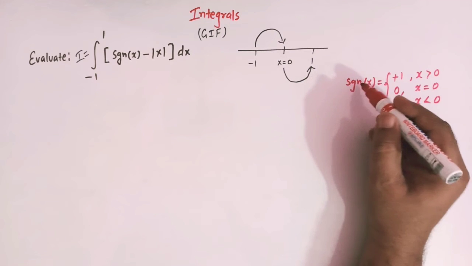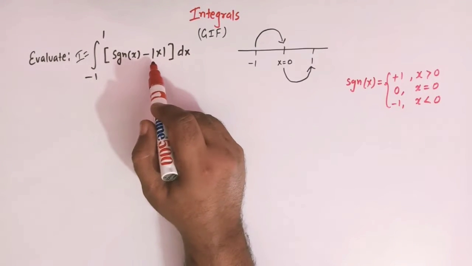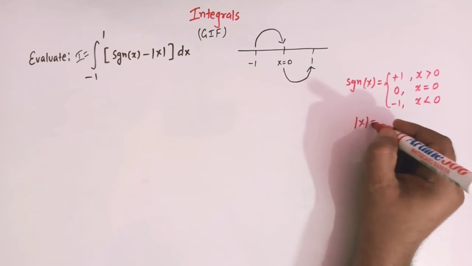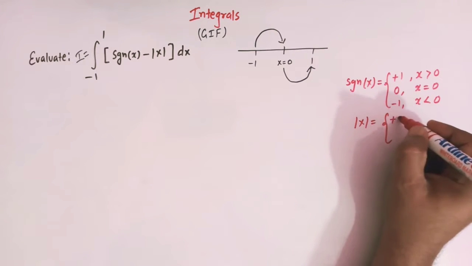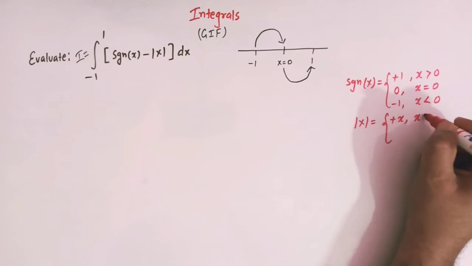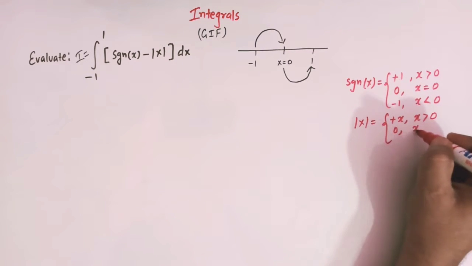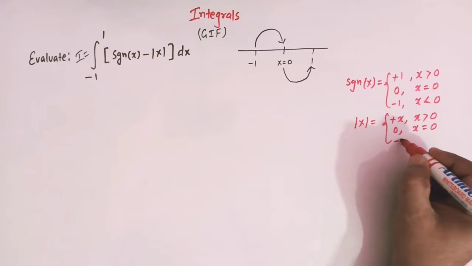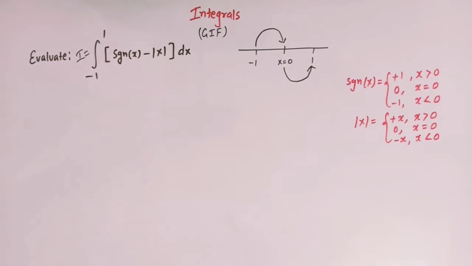So this is the definition of signum function, and let us now take the definition of mod x, right? So mod x is equal to plus x whenever x is greater than 0, mod x is equal to 0 whenever x is equal to 0, and mod x is equal to minus x whenever x is less than 0, right?